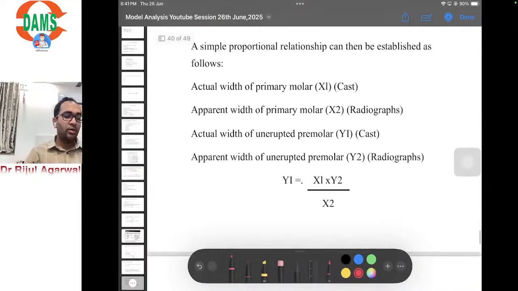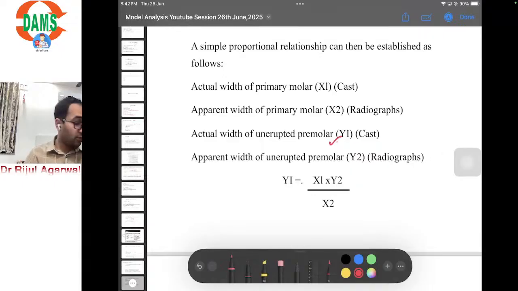So this is the proportionality relationship. Actual width we get from the cast, apparent width from the radiograph, actual width of the premolar and apparent width of the premolar, represented by symbols.